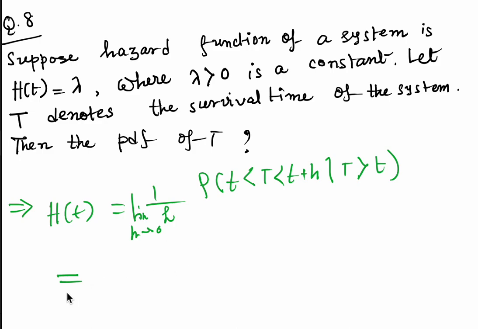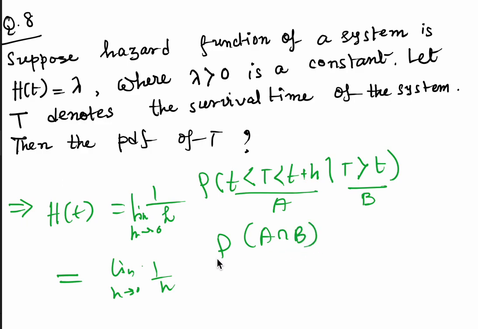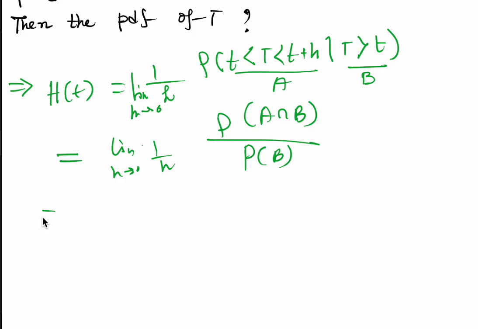Now if this event is A and this event is B, then limit h tends to 0, 1 by h, this is nothing but P(A intersection B) by P(B), since A is a subset of the B event.